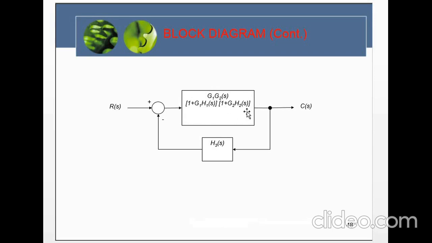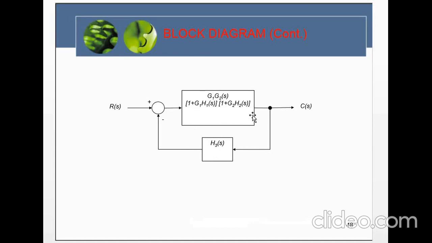It is simplified to G1 G2 divided by the bracket 1 plus G1 H1 close bracket, open bracket, 1 plus G2 H2 close bracket. Okay, and it is the feedback of the third loop.